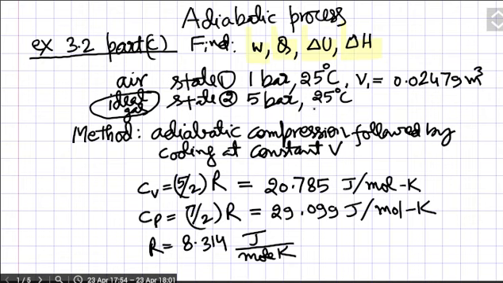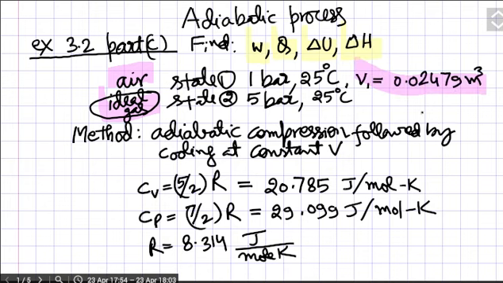And what has been given to you? Air has been given to you, and it has been assumed to be an ideal gas in this question. In state 1, you can say in a cylinder, you have been given this air at 1 bar pressure and 25 degrees centigrade, and also the volume of the air has been given to you.